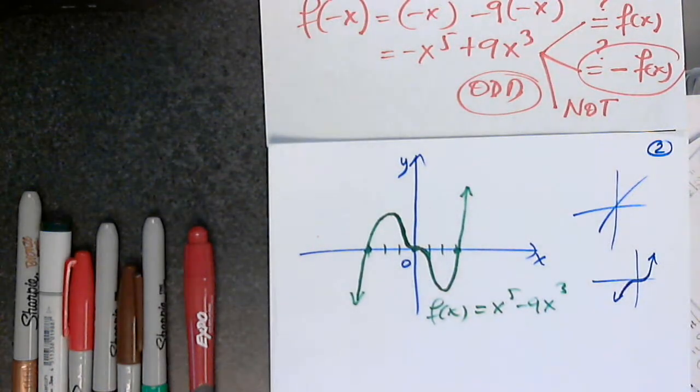And now we can look at it with the graphing calculator. So in y equals, I have x to the 5th minus, not there, I always do that, minus 9x to the 3rd, and I'm thinking of the viewing window. I don't know how high it goes, I don't know how low it goes. I'm going to use the standard viewing window for now.